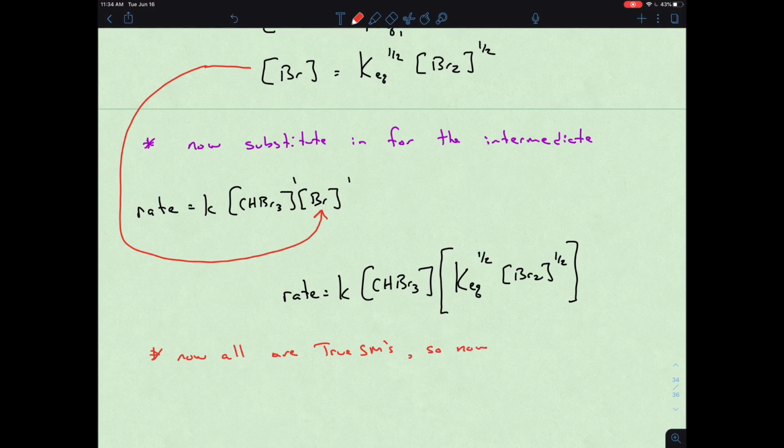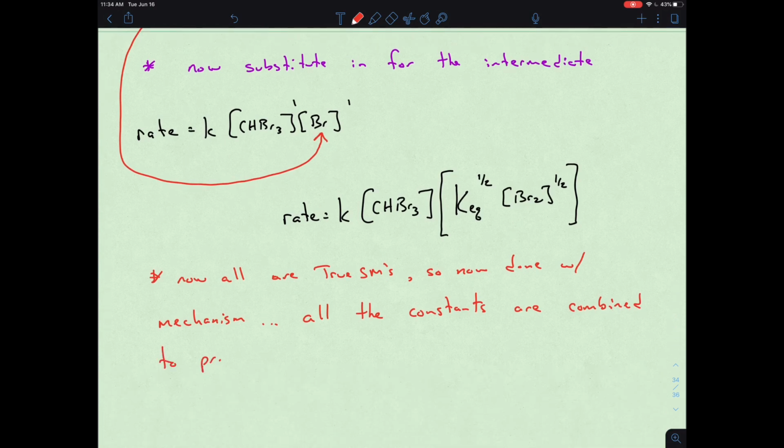So now basically we're done with the mechanism. All the constants are combined to produce a new constant, or a new rate constant, little k.